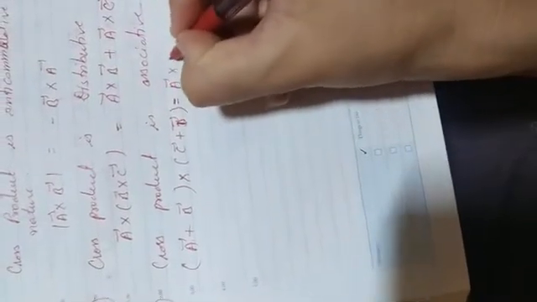If we are taking this one, then we can write it A cross C vector plus A vector cross D vector plus B cross C vector plus B vector cross D vector. This is the associative rule followed by the cross product.